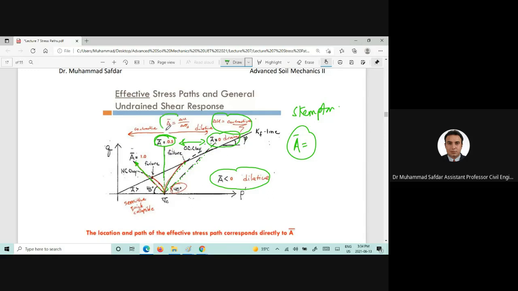And if you want to find out the A bar, which is delta U divided by delta sigma D, so mainly if we want to draw a line, this portion would be for the contractive soils or normally consolidated clays or loose sand, and this portion or this region is for the over consolidated clays or dense sands.